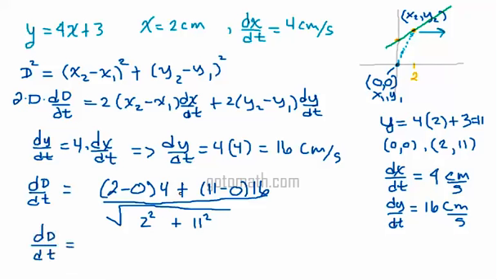All right, and so this becomes 8, and 11 times 16. And then 11 times 16 over, and then this is 4, and this is going to be 11 squared, and so that's going to be 11 squared plus 4, it should become square root of 125.